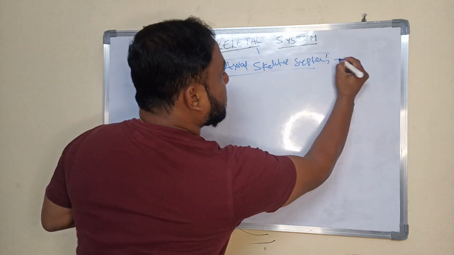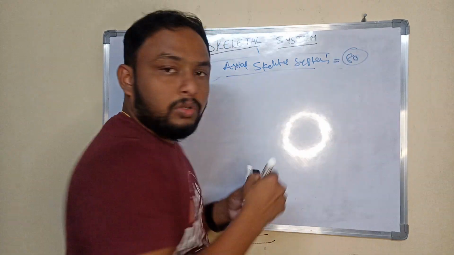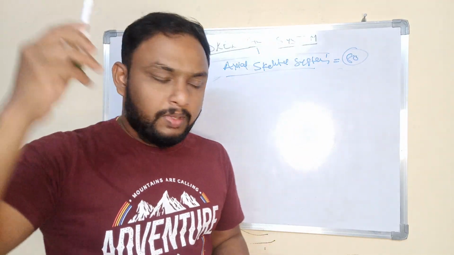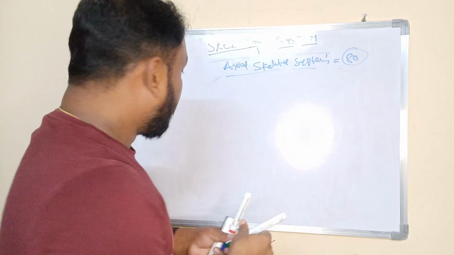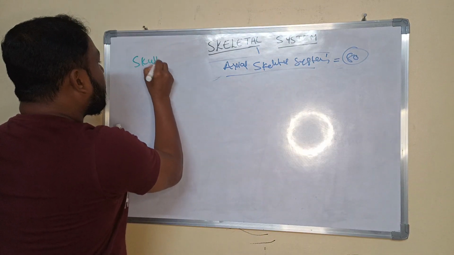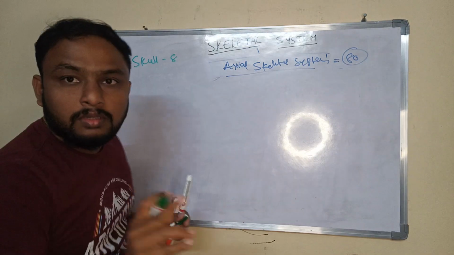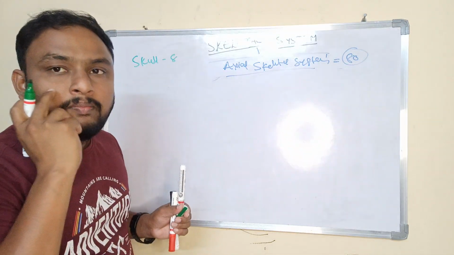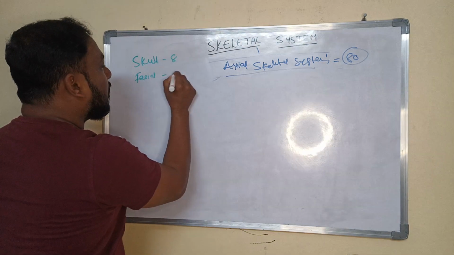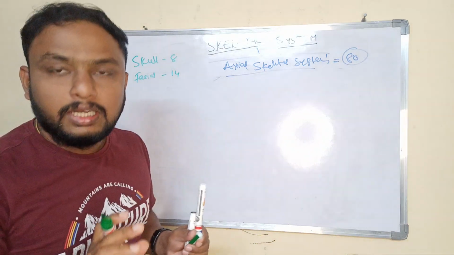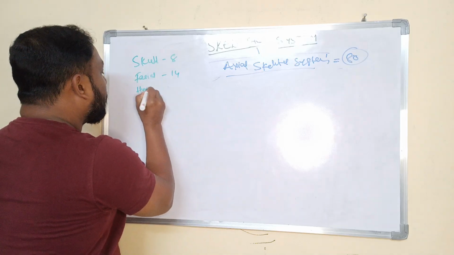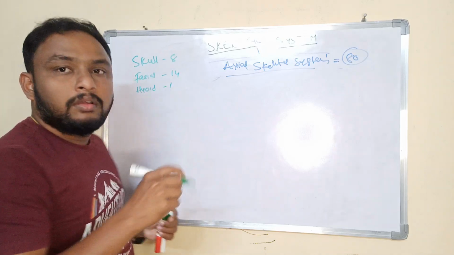The axial skeletal system has a total of 80 bones. What are those? We will see. First, we start with the skull bones. There are 8 skull bones. Next, facial bones: there are 14 facial bones. Next, 1 hyoid.